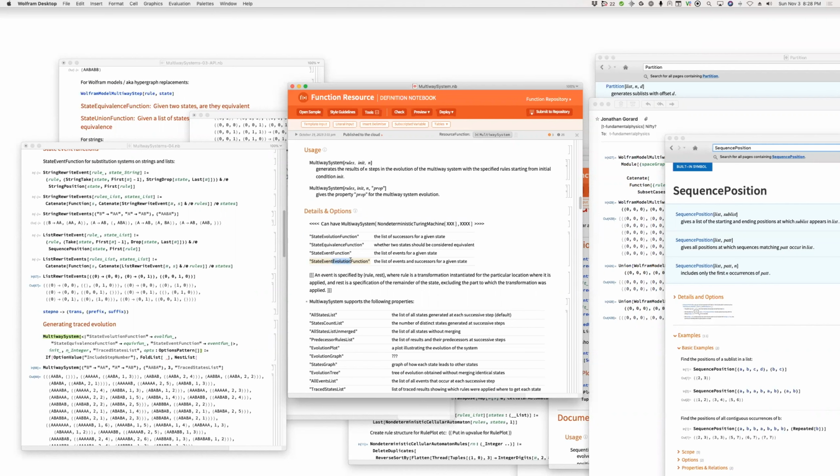I still think the right way to do this is to specify a join, basically specify how substates are joined. That's the only difference. Okay. Substate joining function.